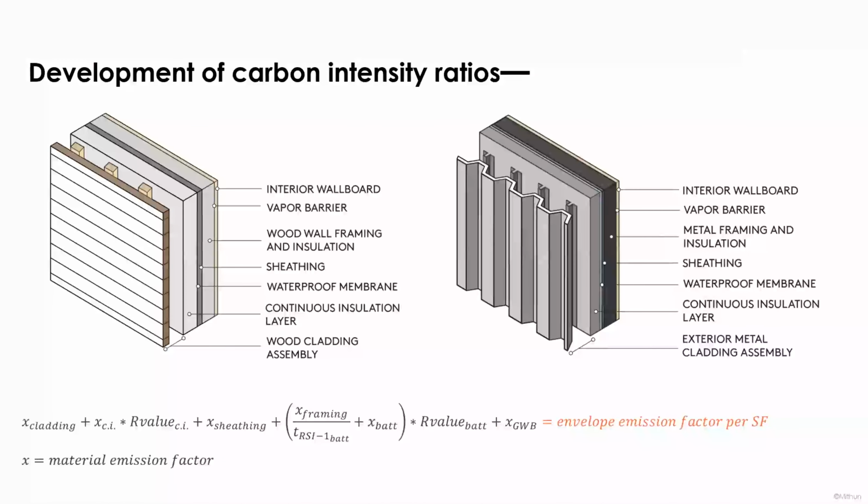We have this somewhat complex equation showing how we combine, for example in the enclosure, different layers of materials, including your emission factor for cladding, the continuous insulation, and taking into account an R value or thickness of that insulation, your sheathing, all the different layers that go into that exterior envelope.